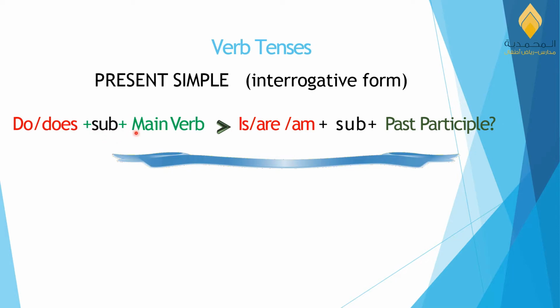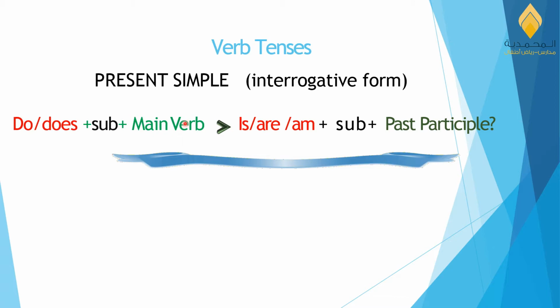After that, it is followed by a subject, then the main verb of the sentence. If I want to change it into a passive form, just exchange the do or does that you have with is, are, or am, depending on the subject of the passive sentence, and follow it by the past participle of the main verb.